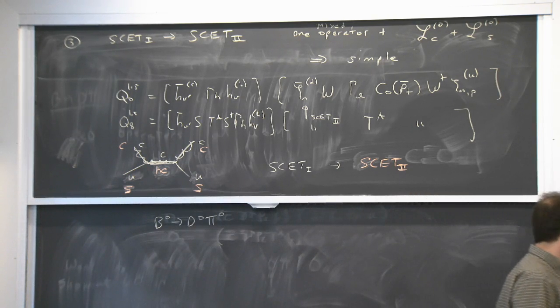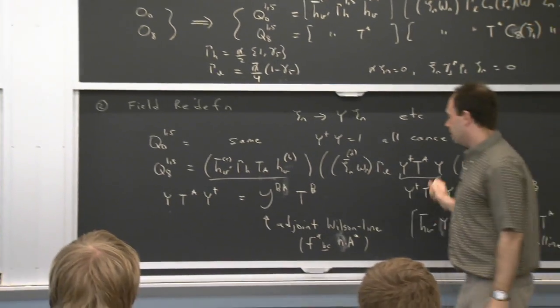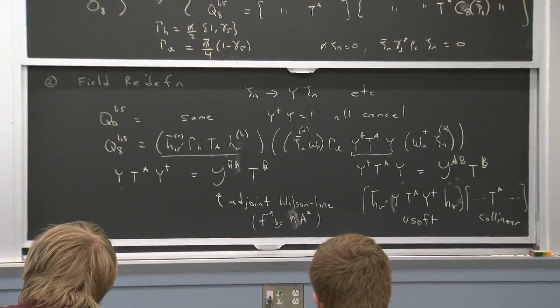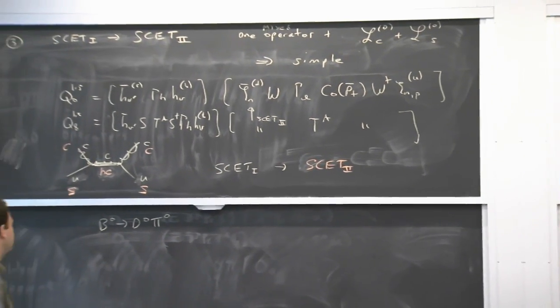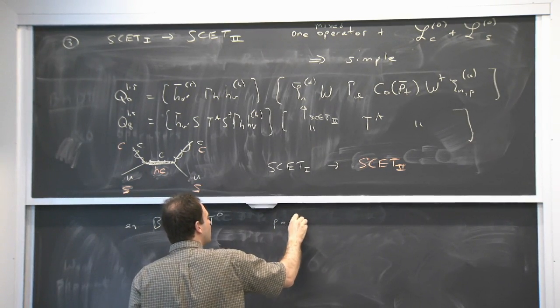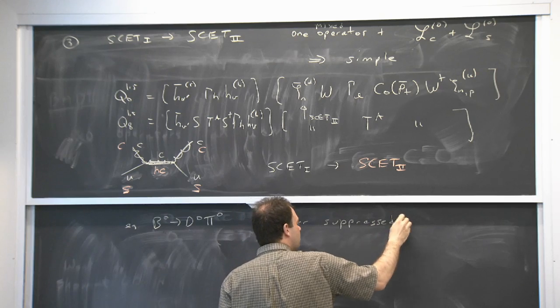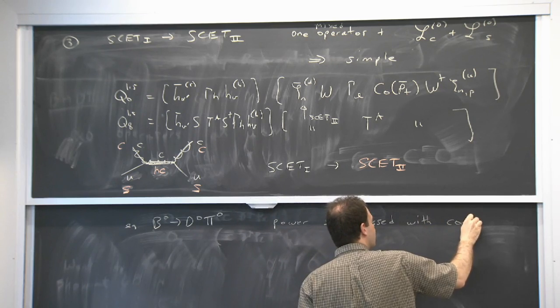It's power suppressed relative to the one we're talking about, because the one we're talking about always has a charged pion, and that happens at leading order, whereas the neutral pion process with the neutral B and neutral D is power suppressed. Hope I'm remembering that right.